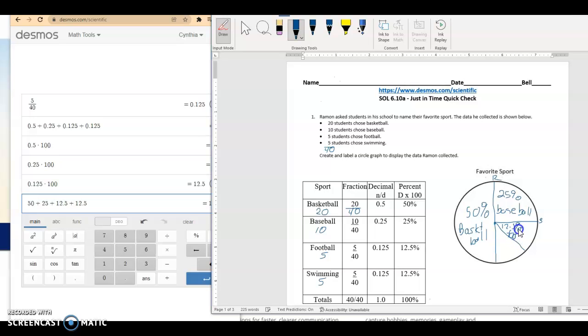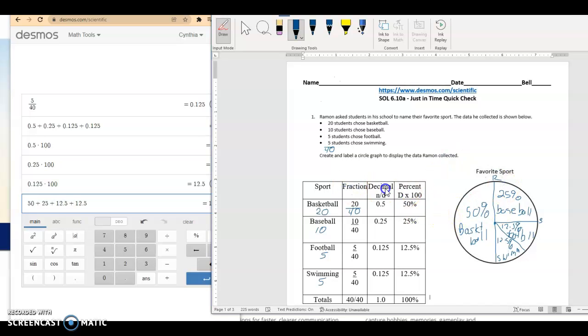And I'm also going to have 12.5%, and excuse my spelling, I'm also going to have 12.5% in swimming. And there is my circle graph.